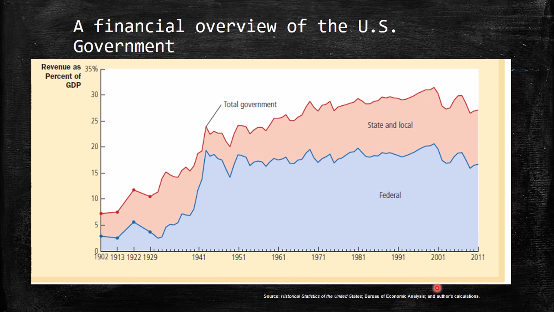Here we have the United States divided. Basically, we have two kinds of government revenue in total: the state and local taxes, and the other part, which is the federal one. We realize immediately that the burden on people in general was less than 10%.